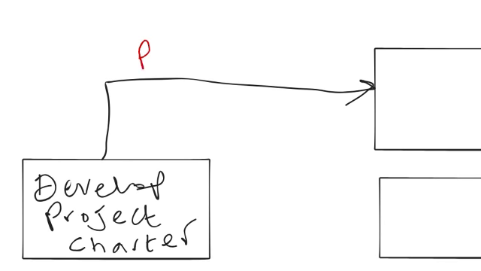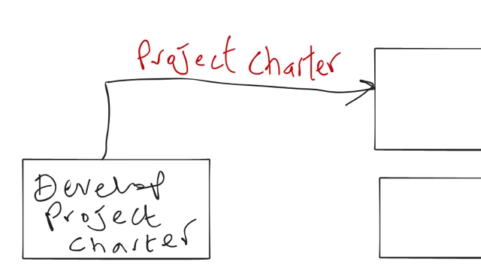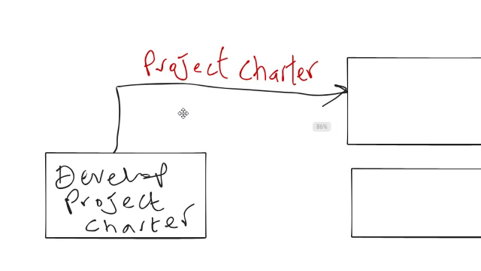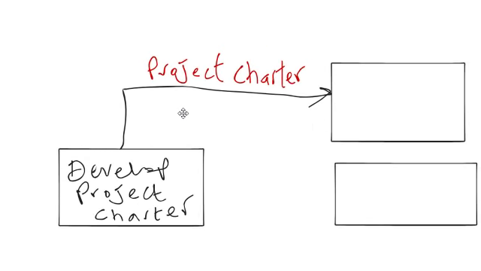So your project charter comes out of this process and it goes into a bunch of places. Now, all of these places where the project charter is going, I expect you to know that. If you take a look at the larger landscape here, you can see I'm about to indicate my project charter going to some important places.